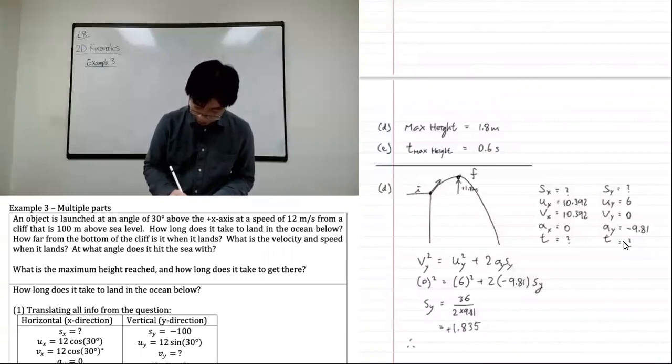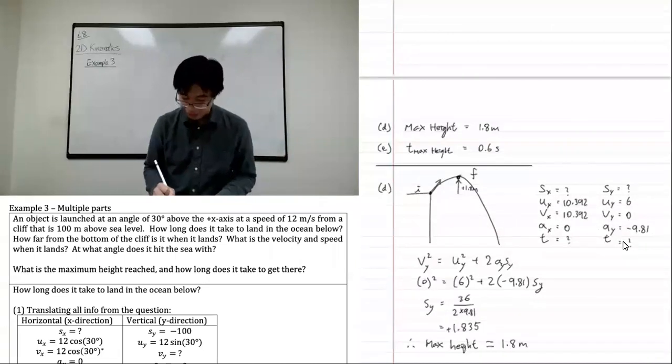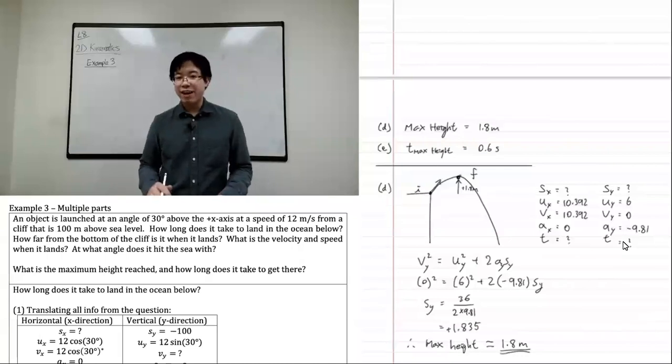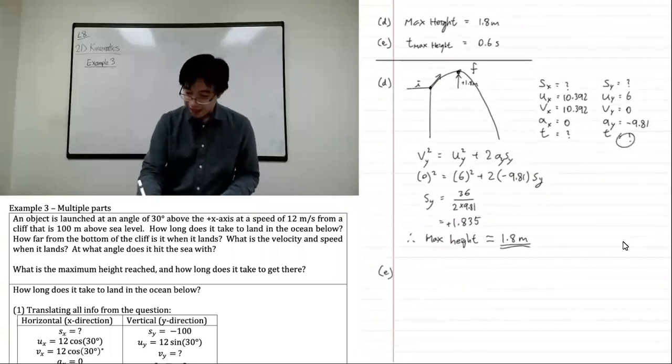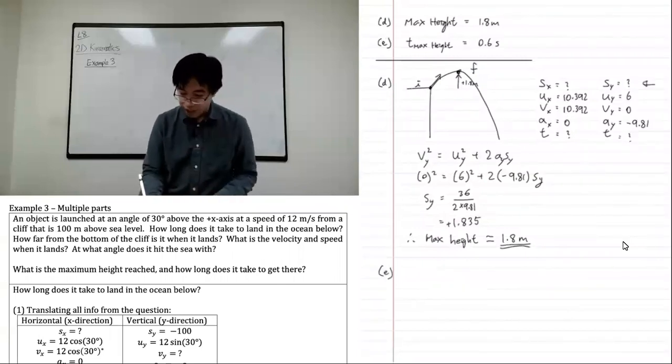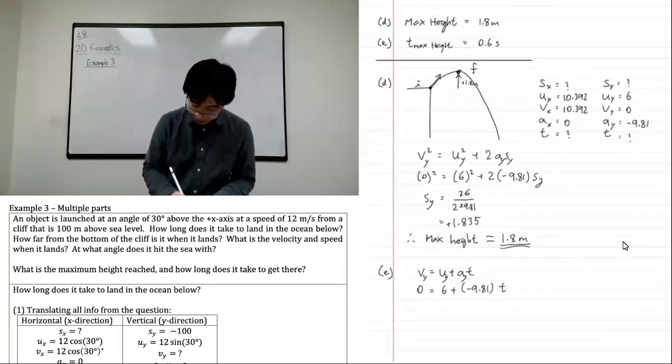So therefore, the max, so actually this is the math part, right? That's not the complete answer. Let's actually answer the question. So the max height, again, it doesn't have to be a full sentence, but something that's comprehensible, okay, with the right sig figs, right units. And we can round this up with finding the time it takes to get there. So if you find one without an s, that will work. For example, v equals u plus at, that will work nicely, I think. So put in your y's, 0, and u is 6 plus minus 9.81 t, and let's rearrange that.